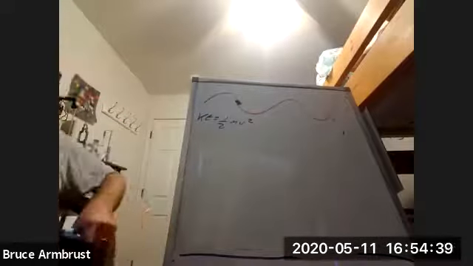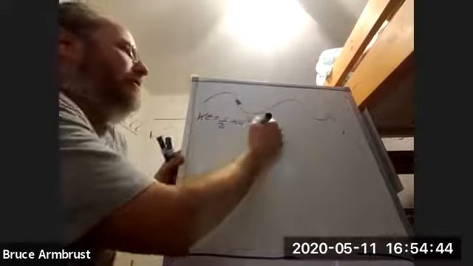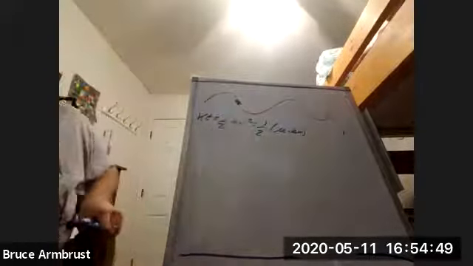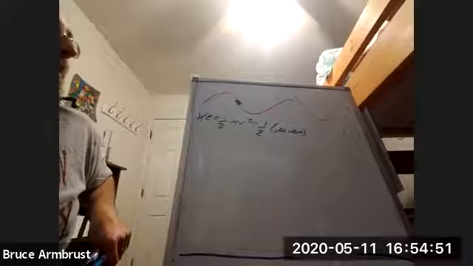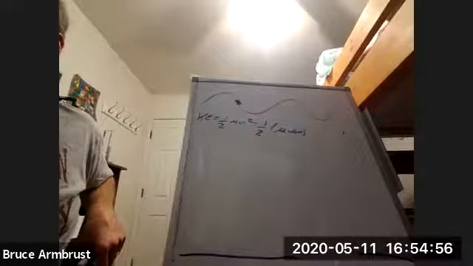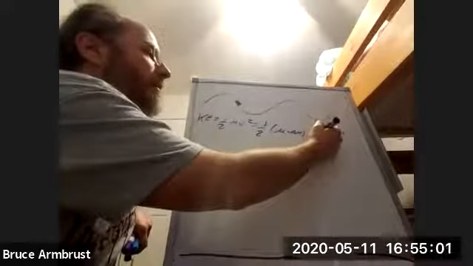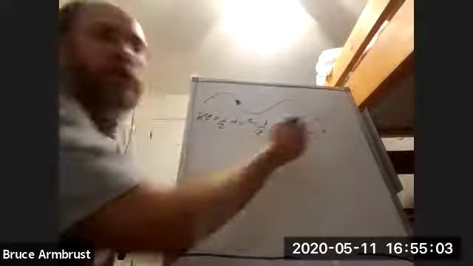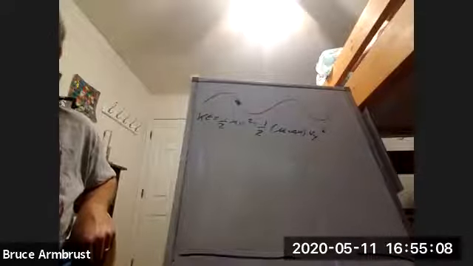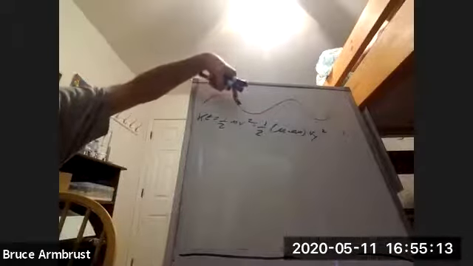So the mass of that little chunk is going to be, again, mu times delta x. It's the same kind of idea that we did before. And then the velocity, let me just call that Vy squared, because this little chunk is moving up and down.